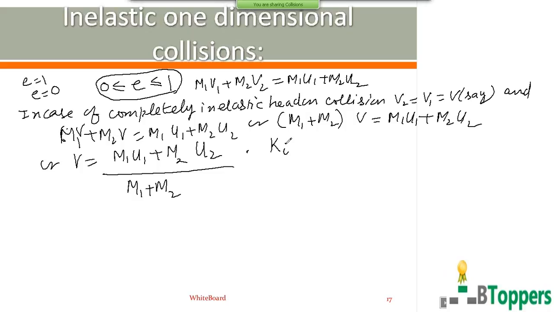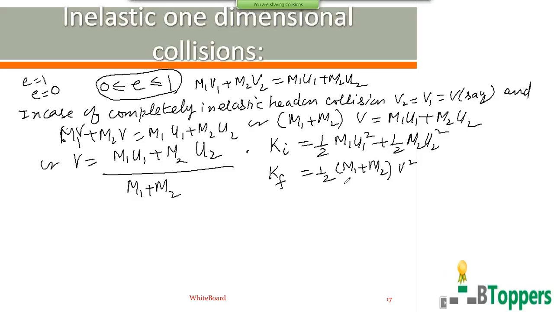So the initial kinetic energy of the two colliding bodies before collision, I denote it by K i, is equal to half m1 u1 square plus half m2 u2 square. The final kinetic energy of the two colliding bodies after collision, I denote by K subscript F, is equal to half m1 v square plus half m2 v square, or half m1 plus m2 into v square.